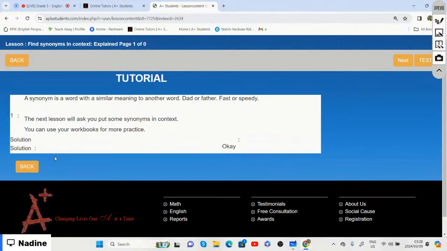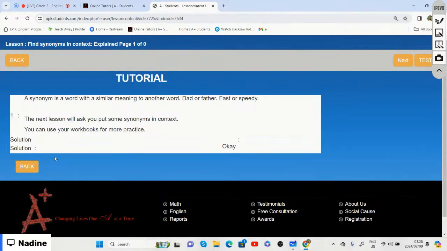If we want something to be done fast, or if I want you to be fast, I'm also expecting you to be speedy, right?